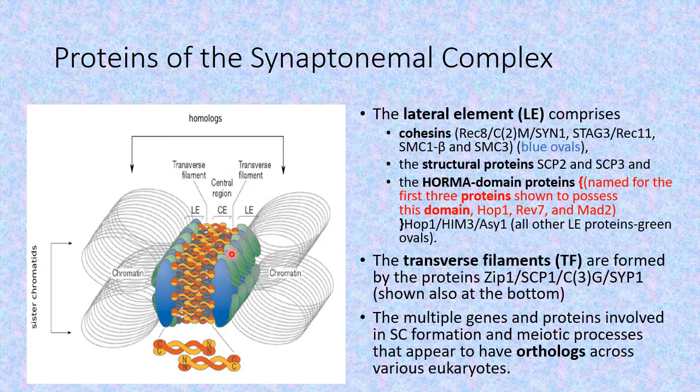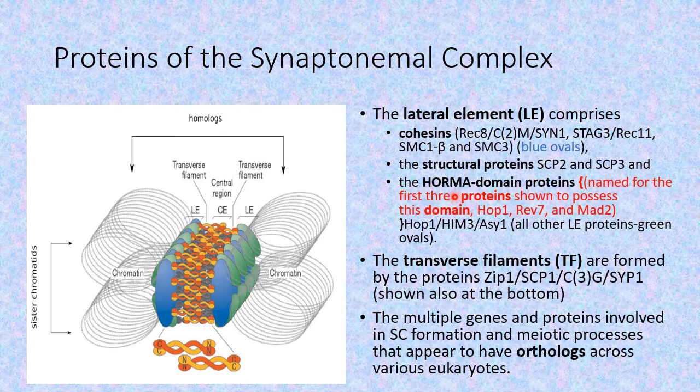The second type of proteins are the basic structural proteins, that is the synaptonemal complex protein 2 and the synaptonemal complex protein 3. Apart from this, there are the HORMA domain proteins. These proteins have been named for the first three proteins which were reported to have this particular domain, and these were HOP1, REV7 and MAD2.